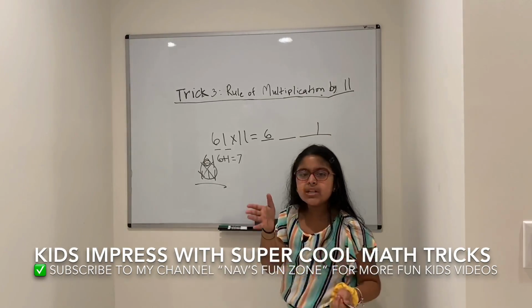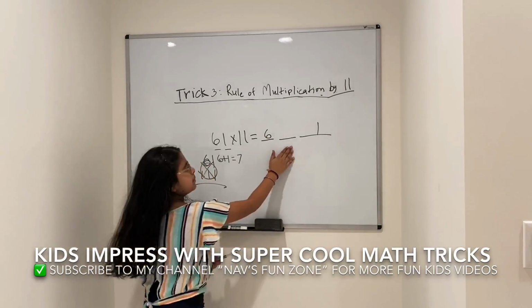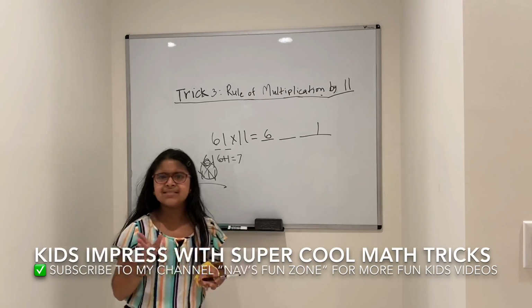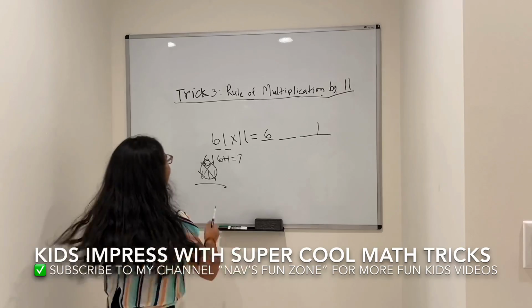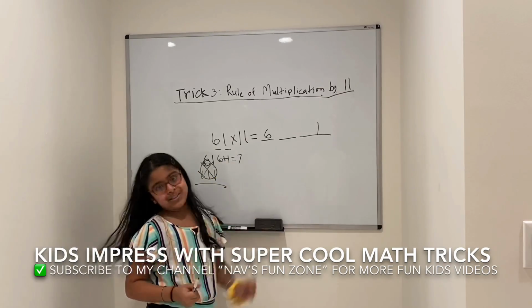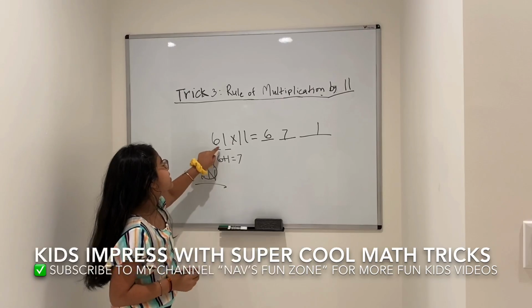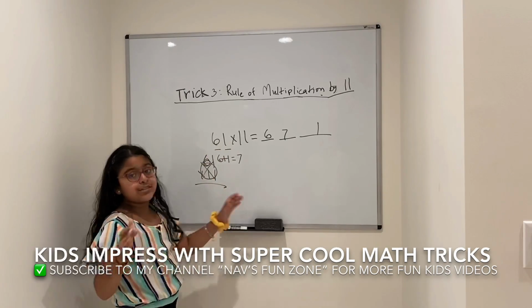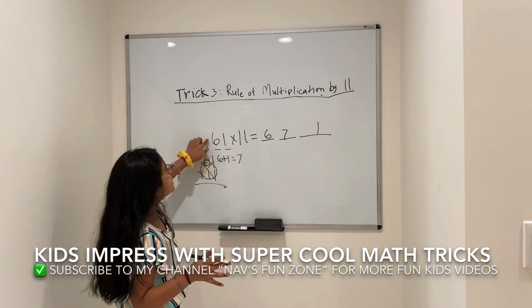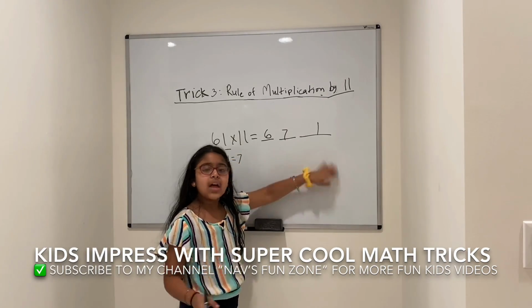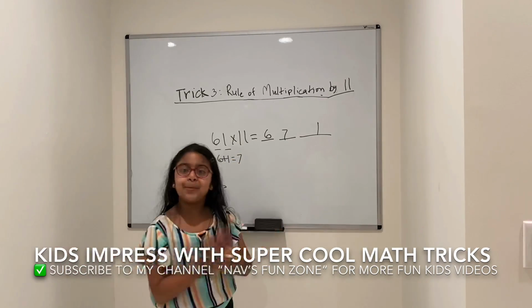And you might be wondering, what goes in the middle? 7 goes in the middle. So basically, the sum of 6 and 1 goes in the middle. So the answer to 61 times 11 is 671.